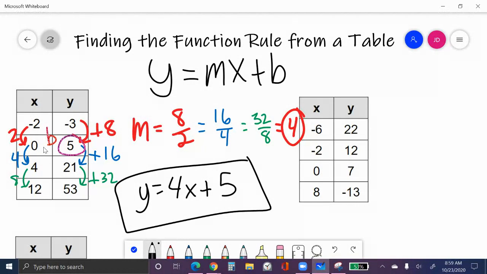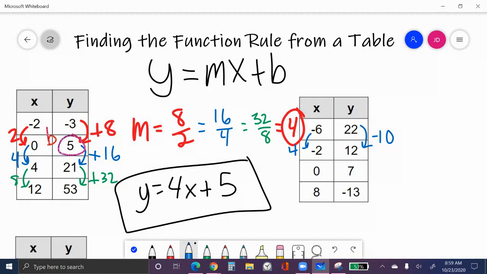And it's nice that the intercept was given to us. Okay, now let's look over here. 22 to 12 goes down 10. -6 to -2 goes up to the right 4.